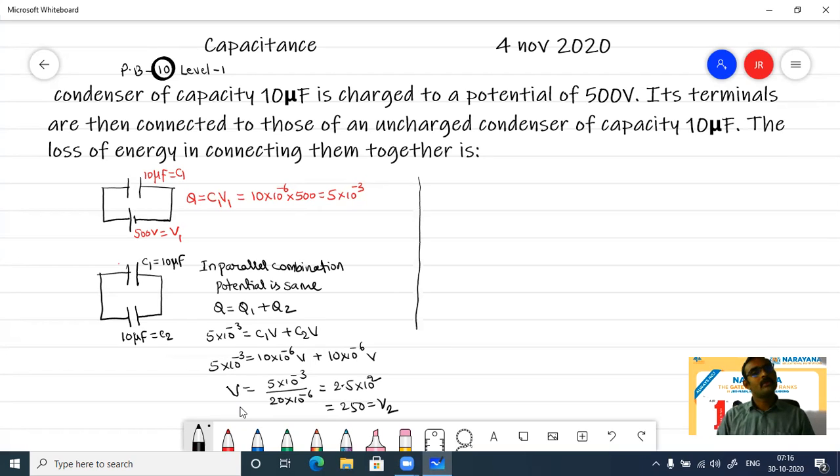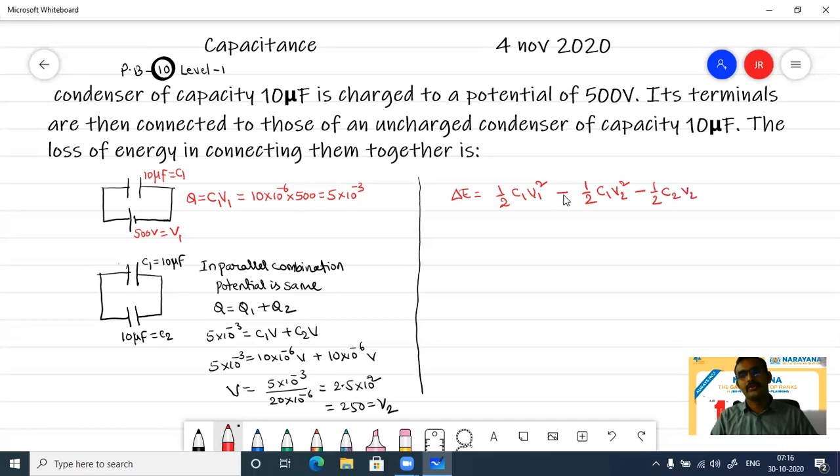Now from this, what is the change in energy? Our initial energy is half C1 V1 square, and the final energy is half C1 V2 square plus half C2 V2 square.